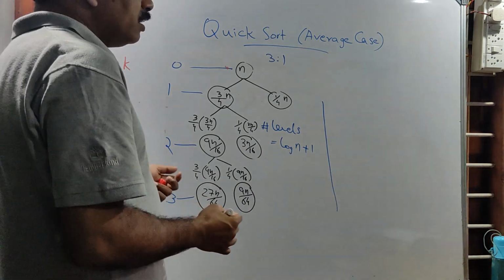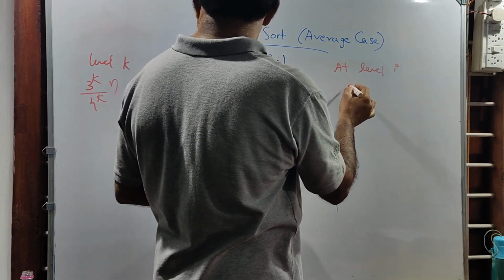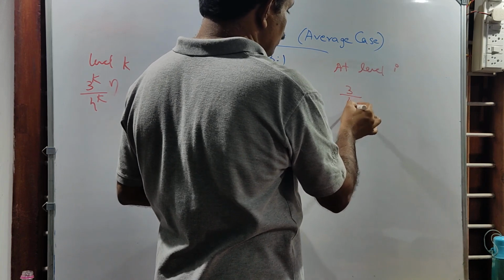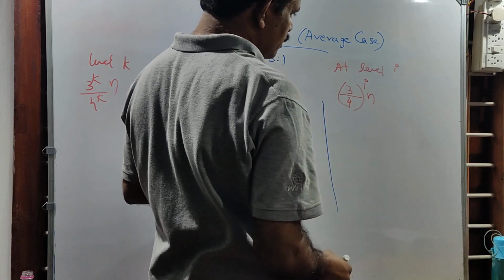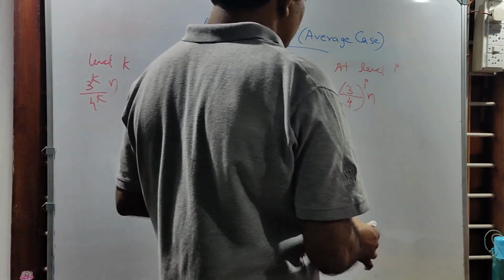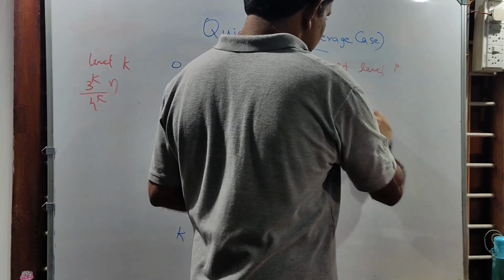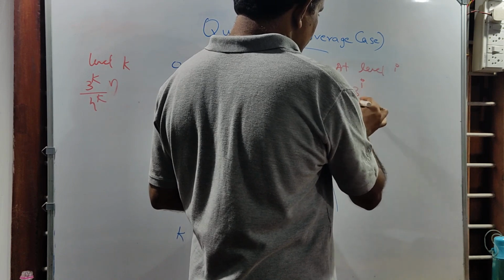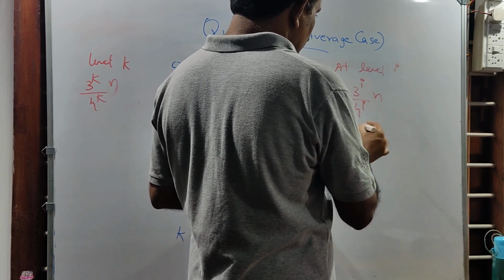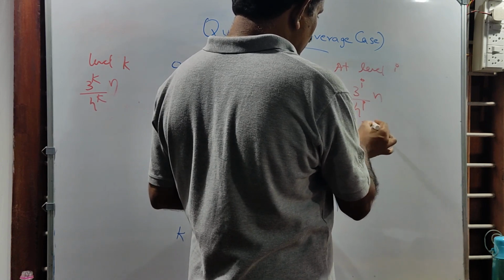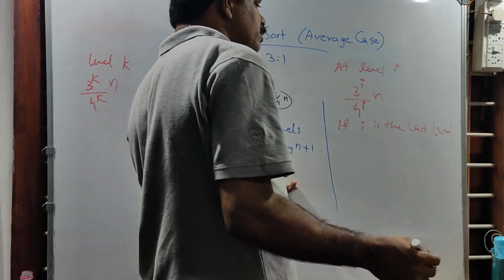Then at level I, it will be 3 raised to I by 4 raised to I, or I can say 3 by 4 raised to I into N. If I is the last level, we know the problem size is 1.